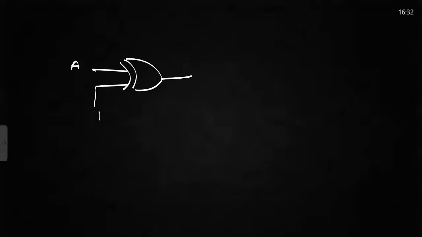So now let us see what we are getting. A XOR 1 is always A bar. So it is acting as an inverting buffer.